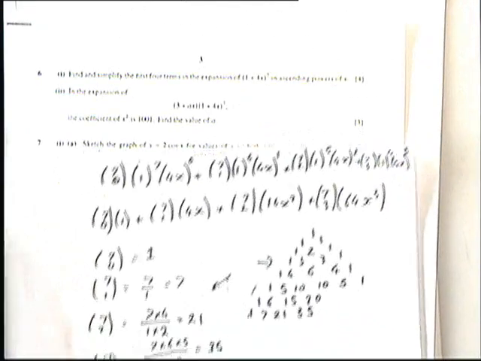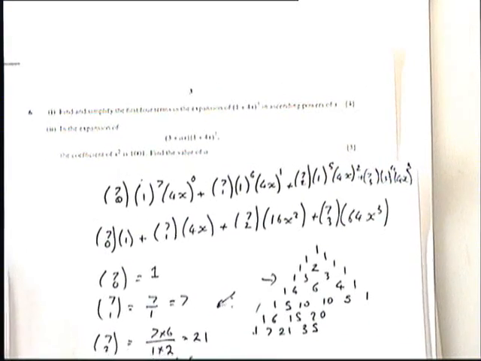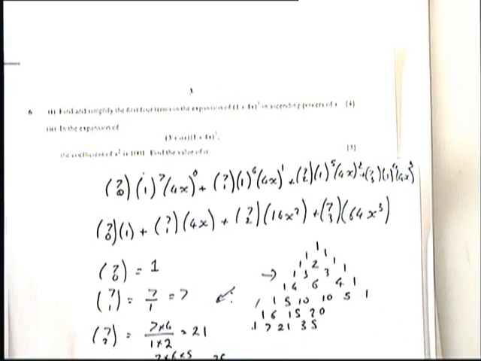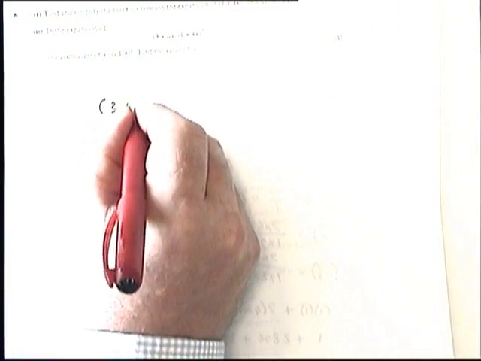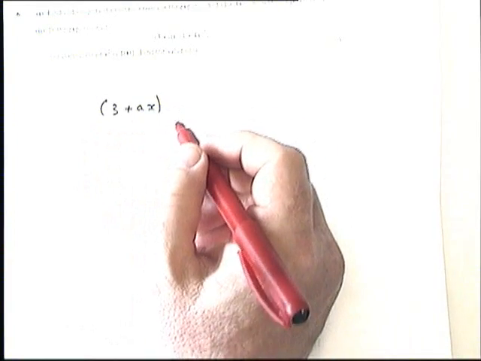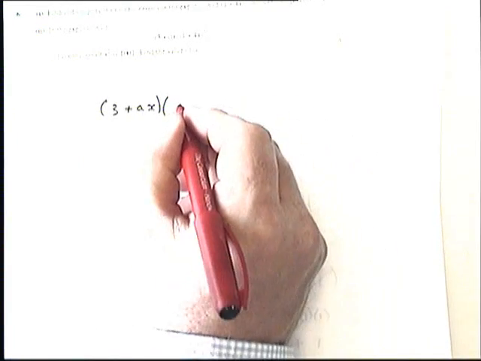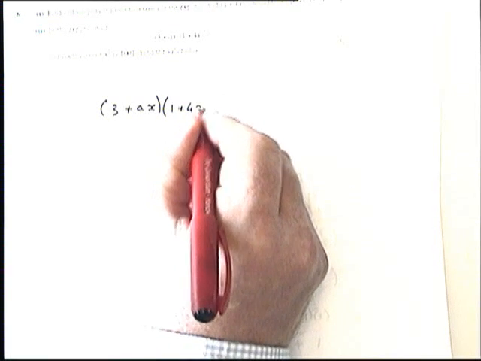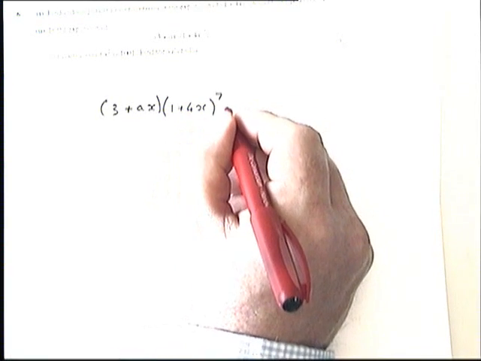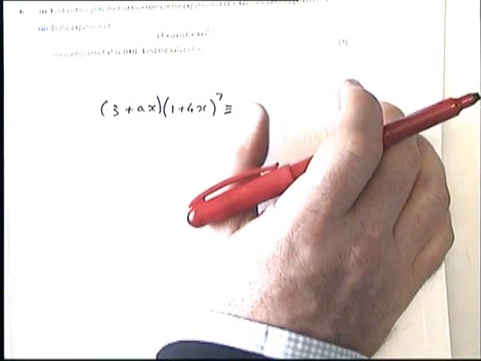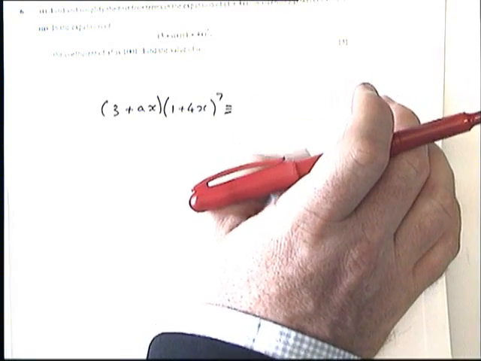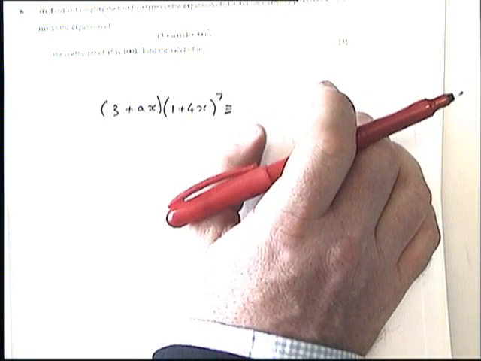In part 2, it says the coefficient of x squared is 1001. Find the value of a. So we've got 3 plus ax times by 1 plus 4x to the 7 is equivalent to some new series of terms, which we're going to just concentrate on the x squared part of.